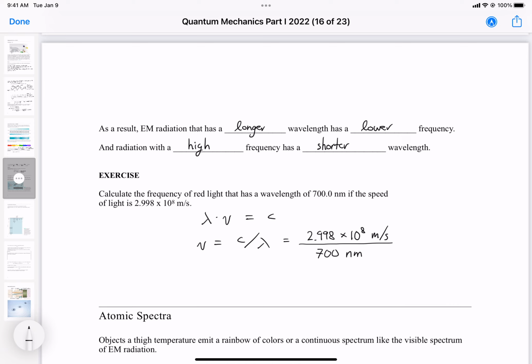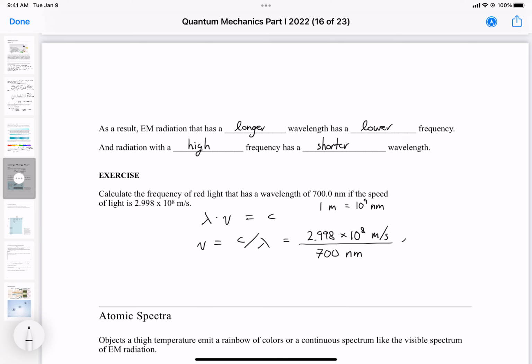However, we need to get the units the same. So we know that we have 1 meter equals 10 raised to the 9th power nanometers. So that's the conversion we need to know. So nano means 10 to the 9th nanometers for 1 meter. Okay.